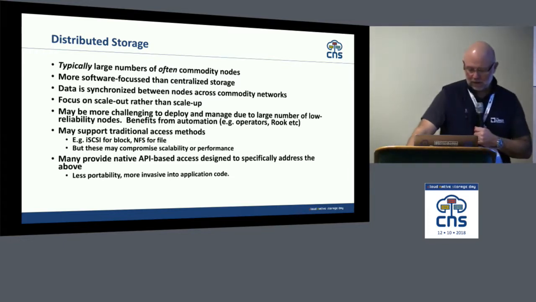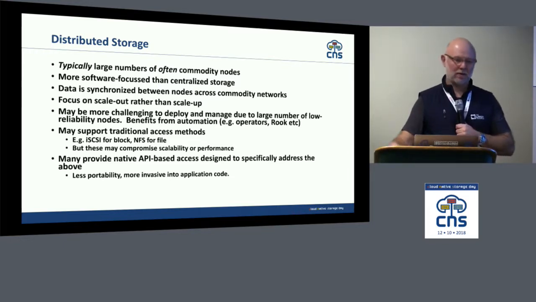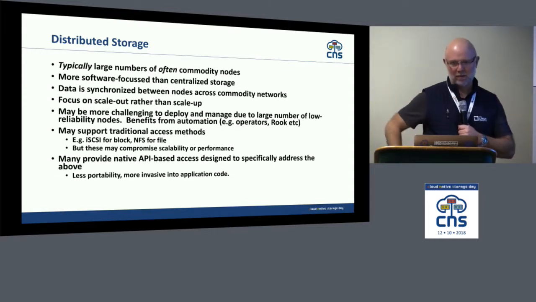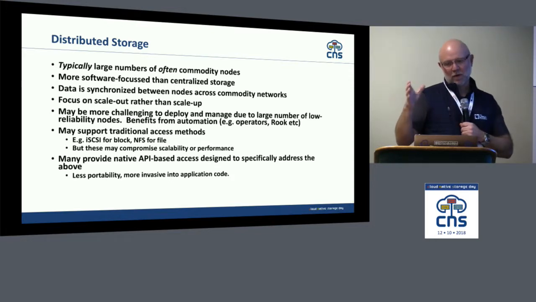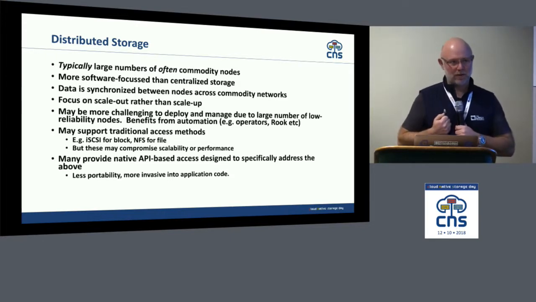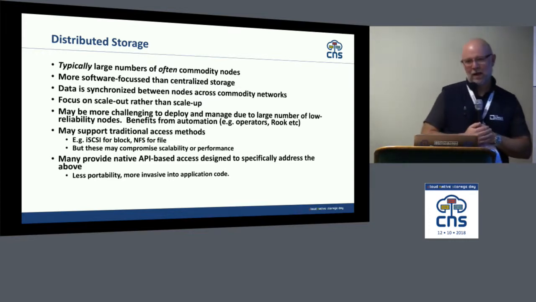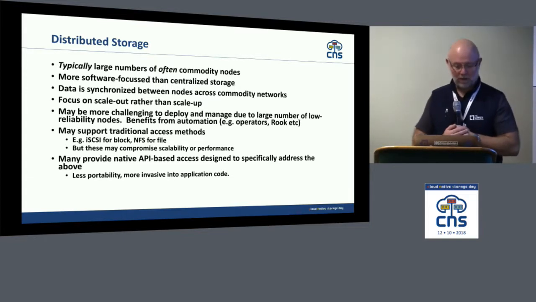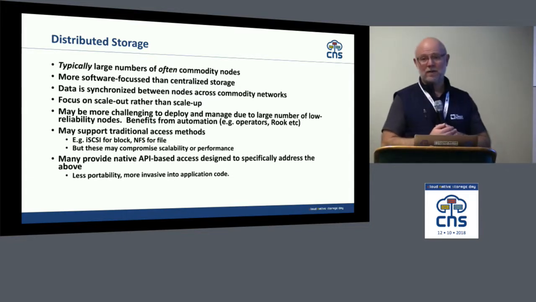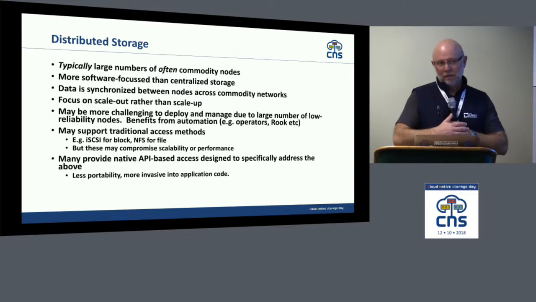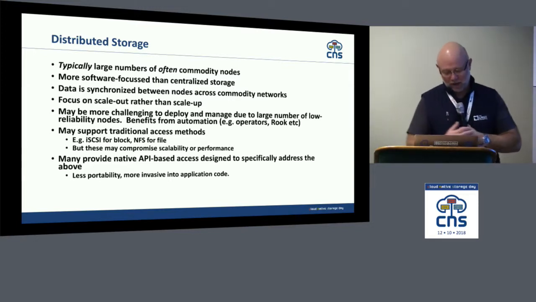They may support traditional access methods, so iSCSI and block-based systems, NFS for files, etc. But often those protocols themselves, deep buried inside, were designed for accessing local files on local disks. And so as soon as you stretch them across a network, and particularly across a distributed storage system, you end up with very odd things happening sometimes, and sometimes very suboptimal performance behavior.